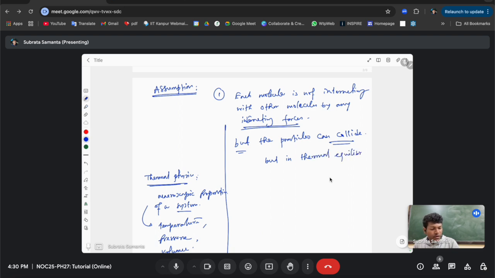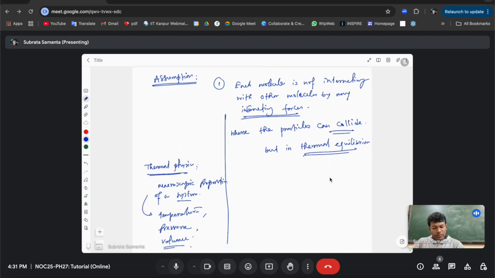I will discuss what thermal equilibrium is later, but for now just remember that thermal equilibrium is basically that the temperature does not change. So this is one of the basic assumptions.